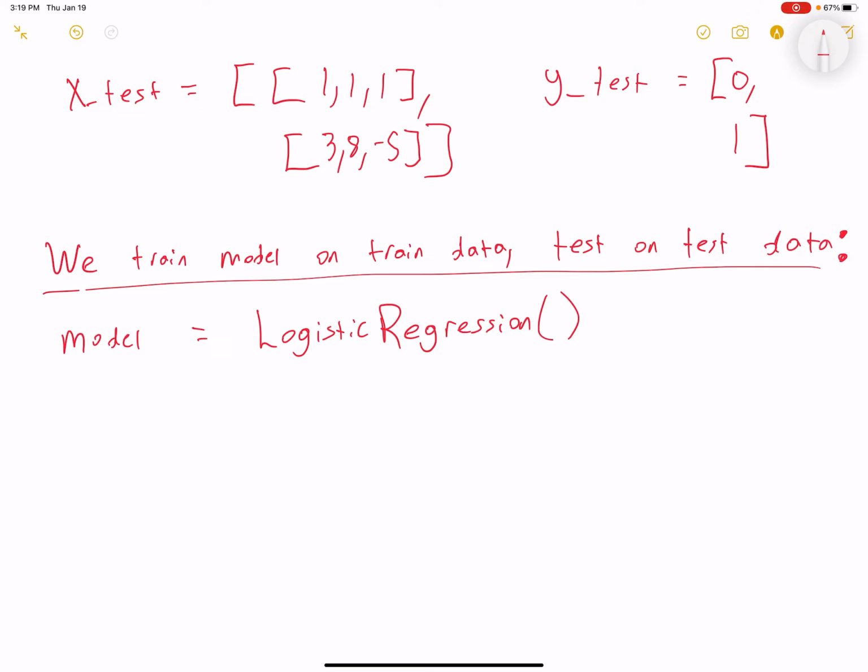So we make the model, and then to train the model, we take our model variable and call dot fit, fitting the data. And that takes as input our X train and our corresponding Y train. So that now we have a trained model.